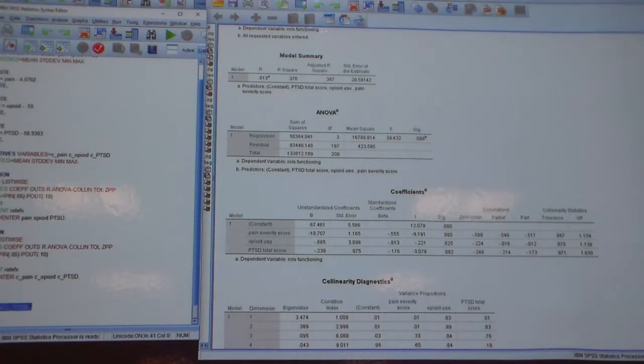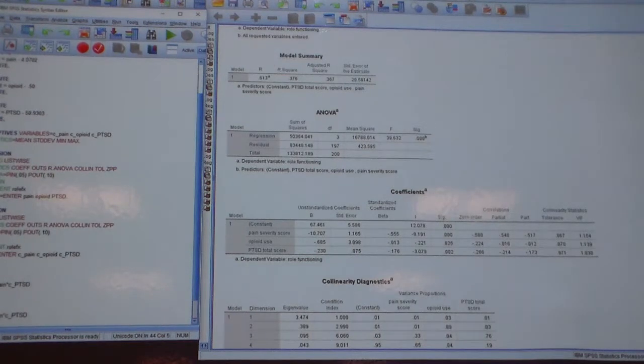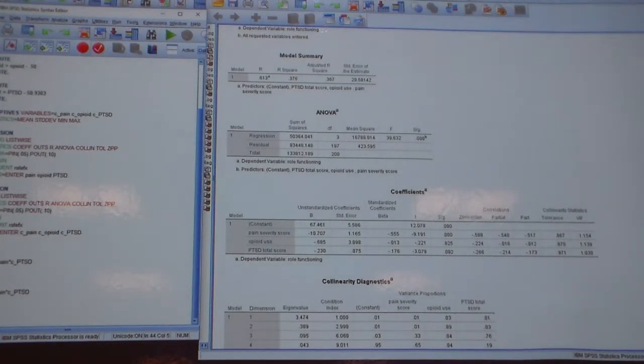And now I'm going to create another variable. This one's going to be the product of opiate use and pain, and these are going to be my interaction terms.